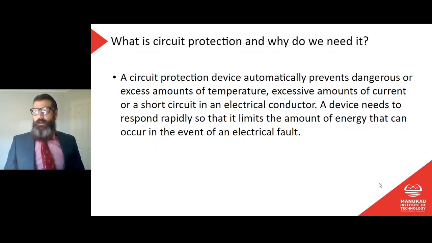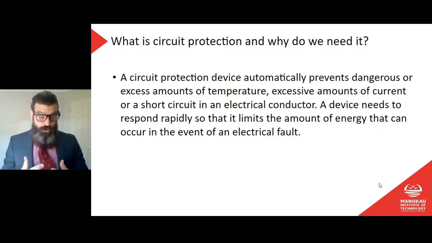Okay, what's it for? Right, so we know this one. When a circuit draws too much current, that can damage the conductors, the cables, and the fittings that are attached to that circuit.